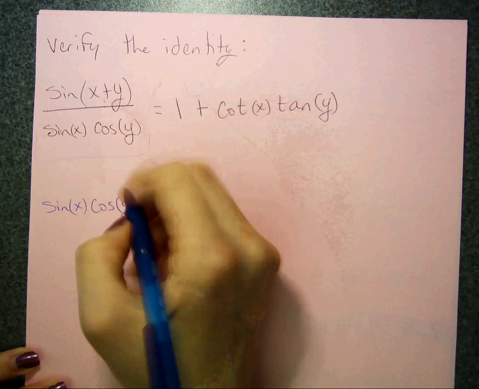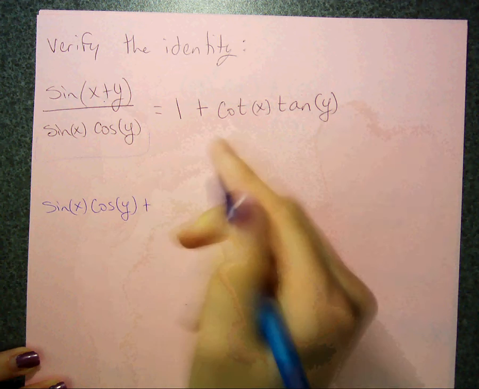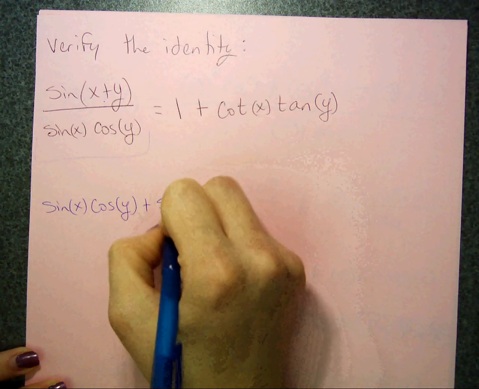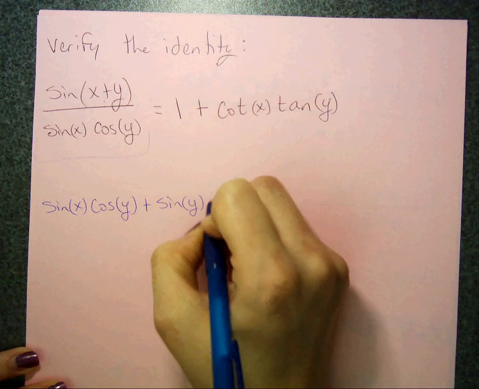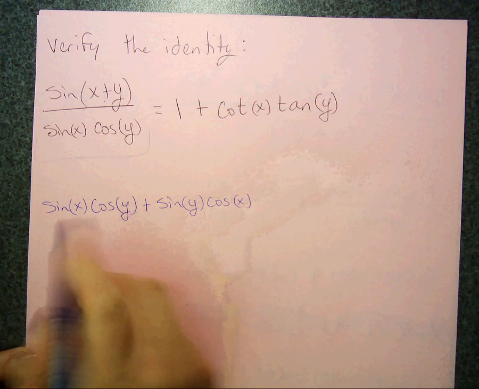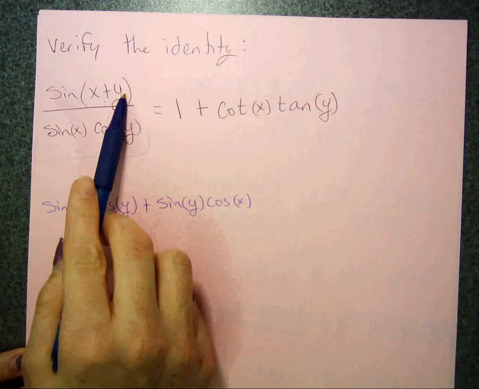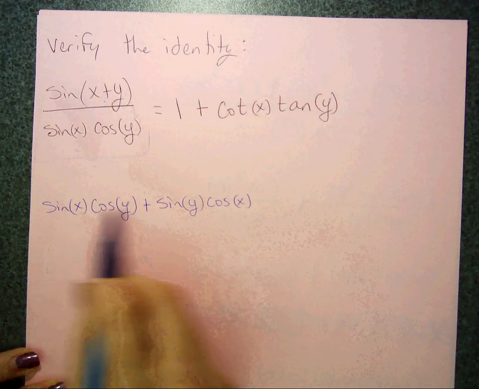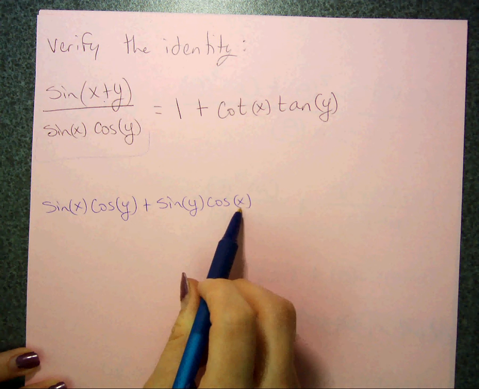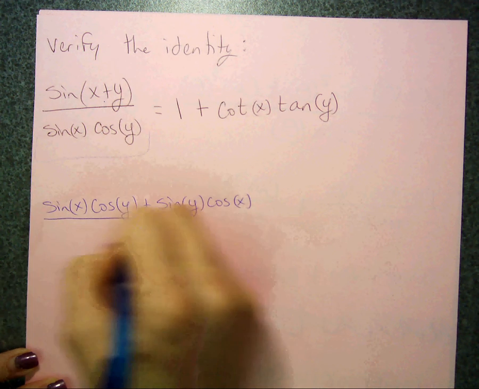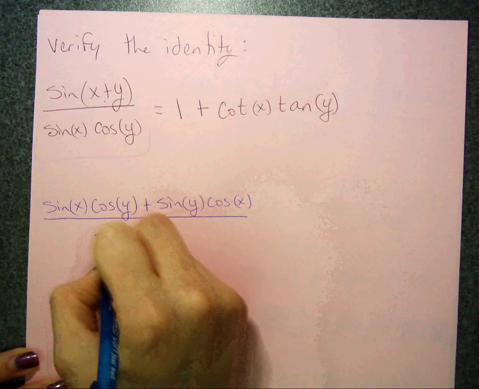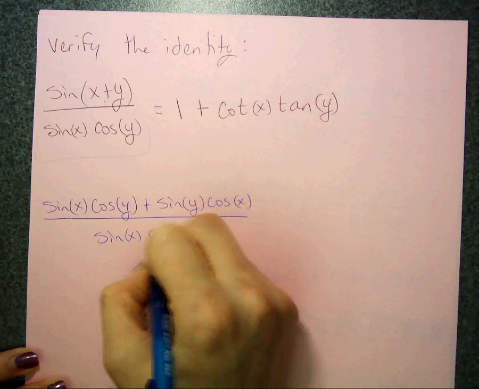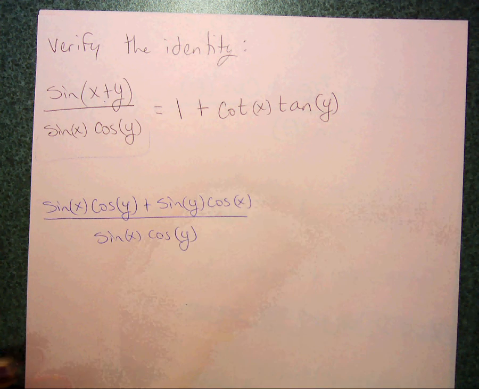Sine stays the same, so I'm adding plus, and flip them: sine of y, cosine of x. So that is my numerator, sine of x plus y, just expanded using that sum identity of sine, over sine of x, cosine of y.